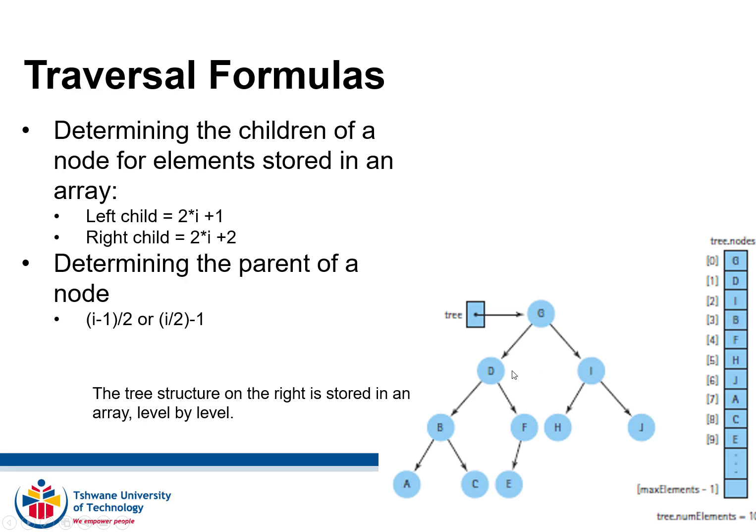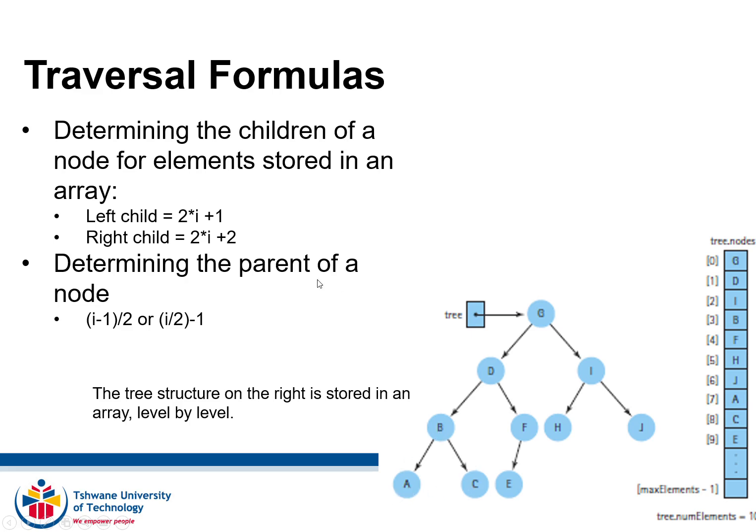Let's take B, which is at index 3. We know that B has children, right? So 3 times 2 gives us 6, plus 1 gives us 7, which is A, and plus 2 would have given us 8, which is C. Are the children of B, A, and C correct? The children of B are A and C.